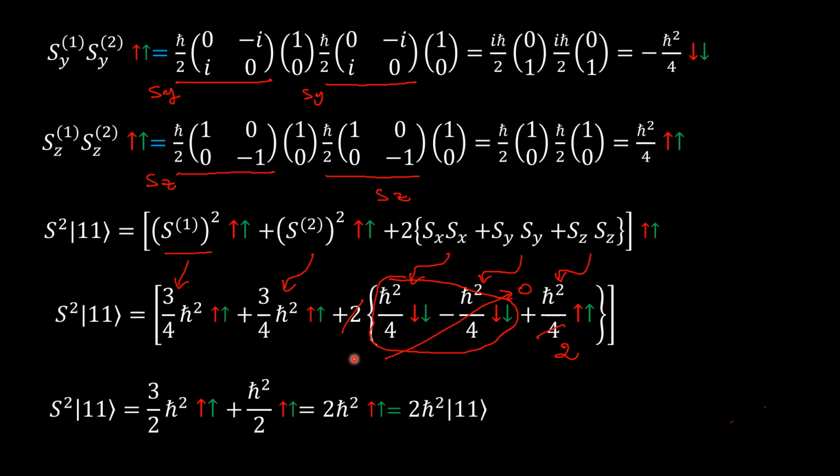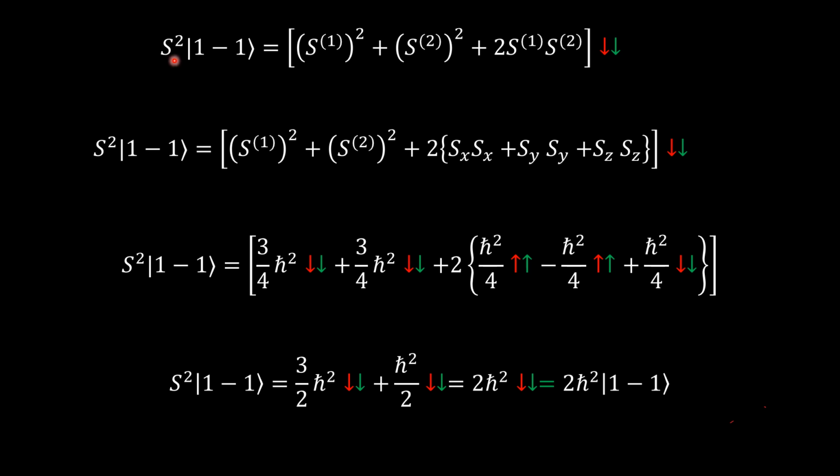That is why we are able to add. Then here also ħ squared, both up state, so if you add, 2ħ squared up state, which is equal to 2ħ squared |1,1>. So naturally |1,1> is an eigenstate of the operator S squared. Then we will move on further.